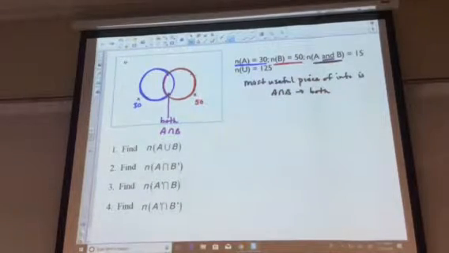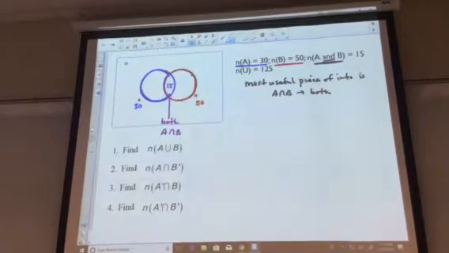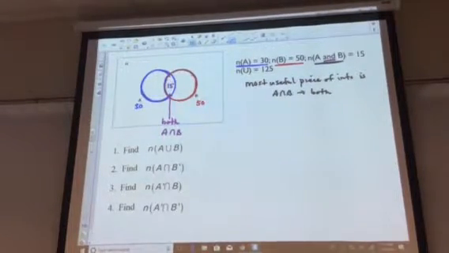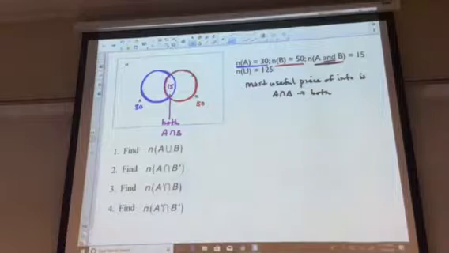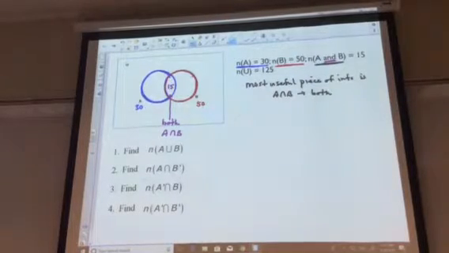So we just found out that there are 15 elements, whether they're numbers, people, cars, whatever, that belong to both of those circles at the same time. Can you see why that might be a useful piece of information? It's a part of the whole. So that's a part of the whole circle A, which we know contains 30 items.